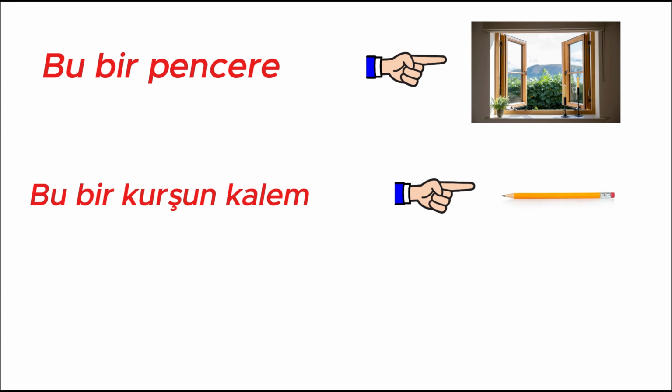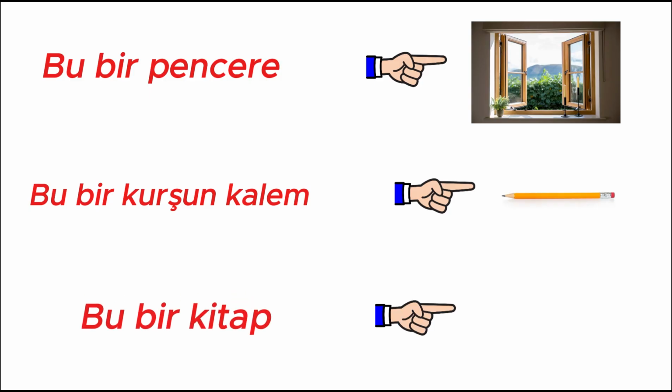So here, bu means this. Bir pencere means a window. Bu bir pencere means this is a window. Bir kurşun kalem means a pencil. Bu bir kurşun kalem means this is a pencil.